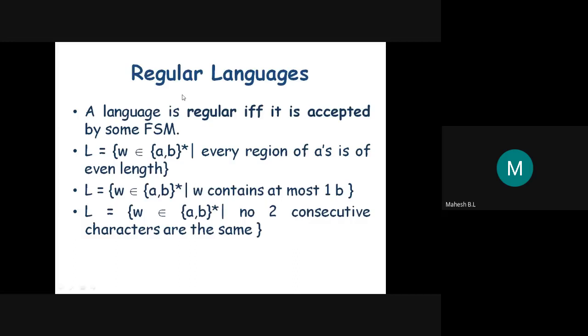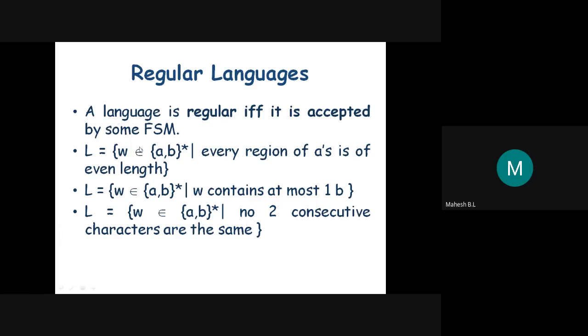A language is regular if and only if it is accepted by some finite state machine. So you can call a language a regular language only if it can be accepted by some finite state machine.